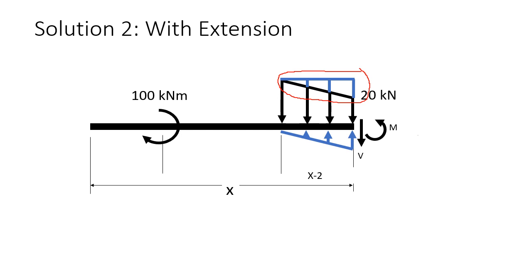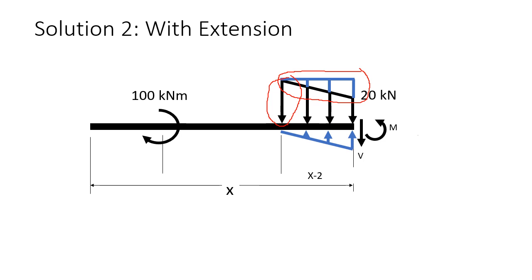First, the height of this rectangular load, now rectangular load, is 20 kilonewtons because the height at this part is 20 kilonewtons. And then, how will you get the height of the triangle? I already told you in class, the shortcut of getting the height, it would just be the slope times the base.